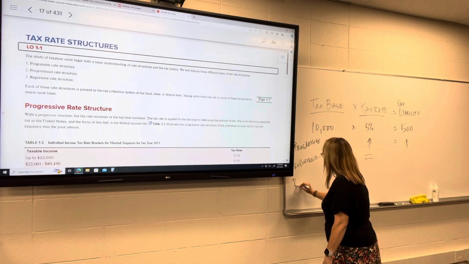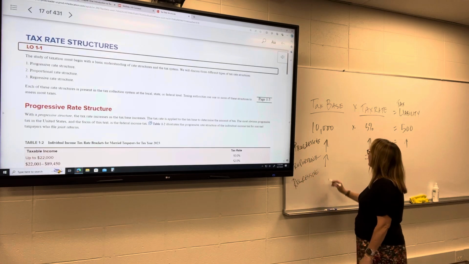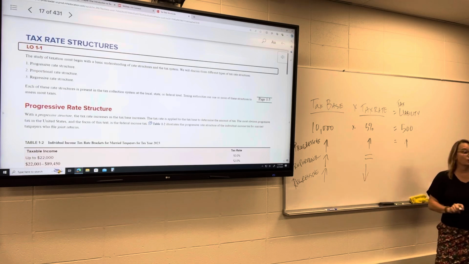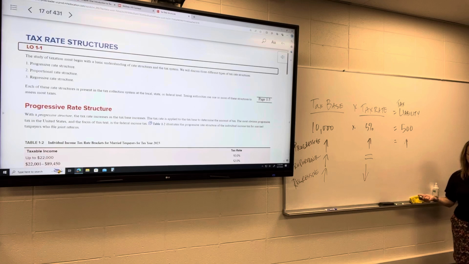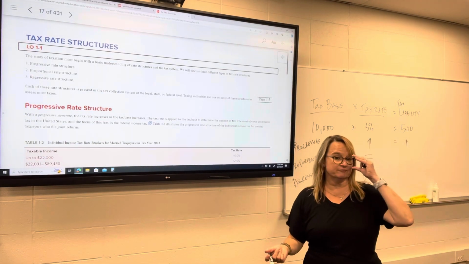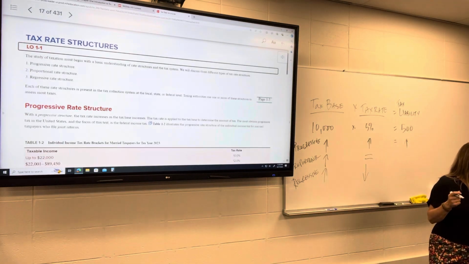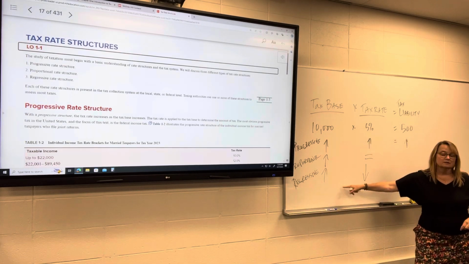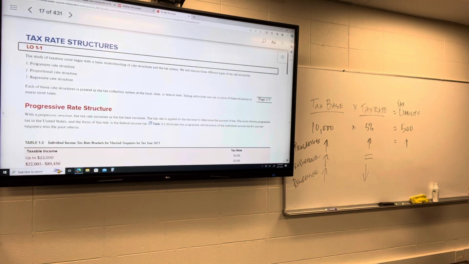As for a regressive tax rate system, as our tax base increases, our tax rate goes down. The example of this is Social Security tax. Because as you recall in payroll tax, and I know a couple of you haven't completed payroll tax yet, so you're getting a little preview here, with the Social Security tax, we have a Social Security wage base.